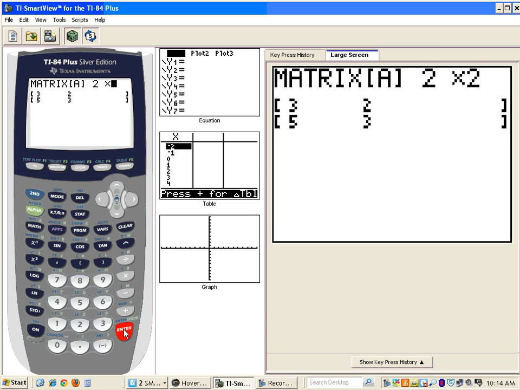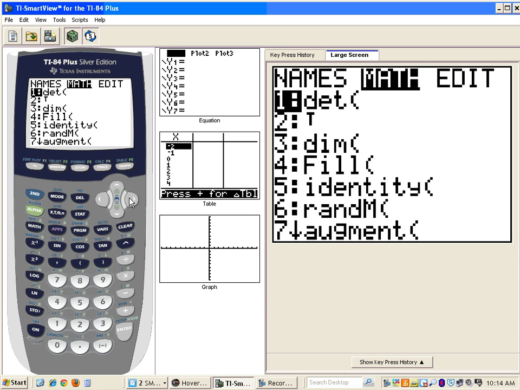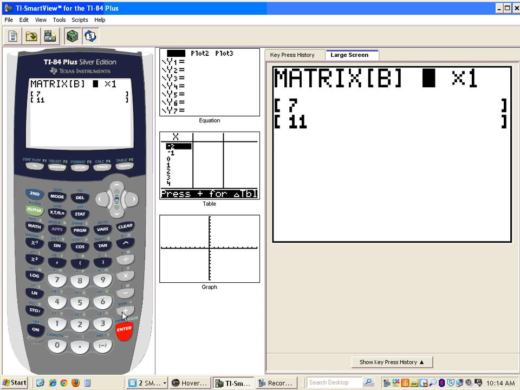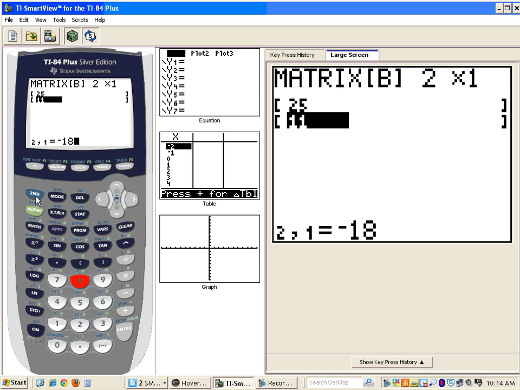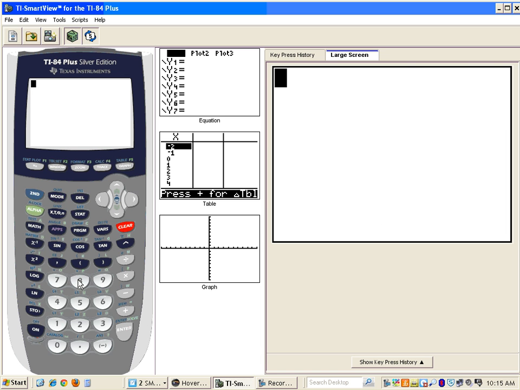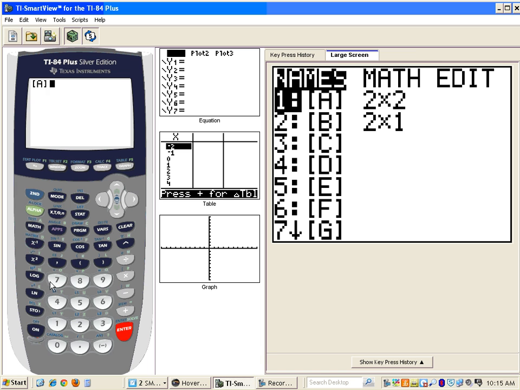This is still a 2 by 2 matrix, but now I have 5, 3, 2, -4, and I'm going to go edit matrix B, and that is still a 2 by 1 matrix, 25 and -18, and I go back to my blank screen, I'm going to clear that.